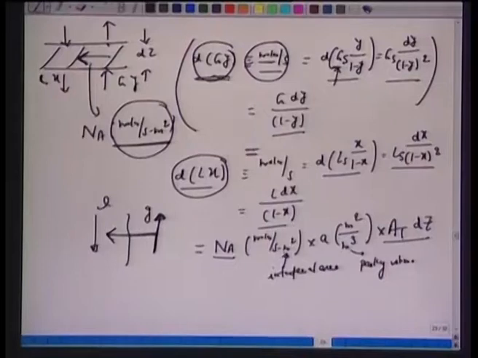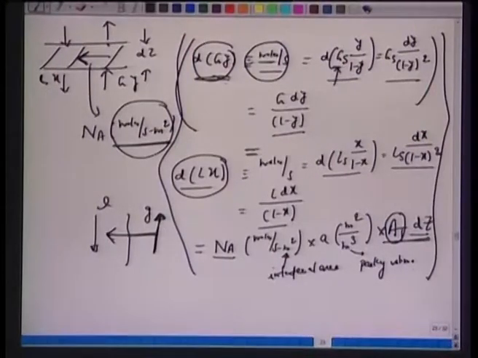So, moles per second per meter square, per cubic meter of the packing volume, into AT, the cross-sectional area, into dz gives you moles per second. Now we have the entire species balance in the two phases: whatever is lost in the gas phase is gained in the liquid phase, and that also equals, from the mass transfer point of view, NA into a into AT into dz.